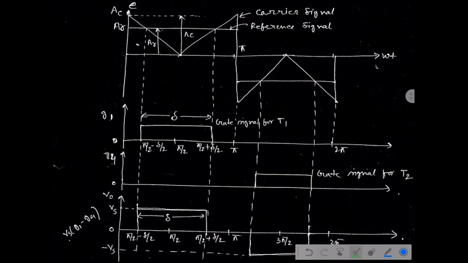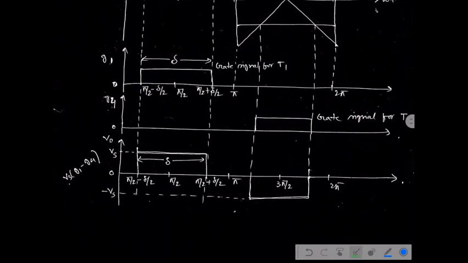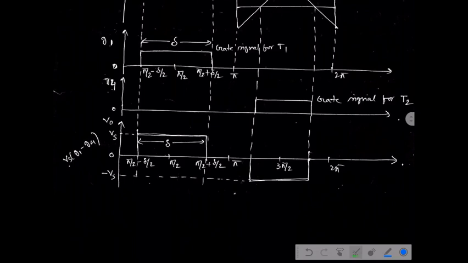So from these two waveforms, we are applying the gate pulse for the first half cycle, that is G1, and we are applying the gate pulse for the next half cycle as the inverter operation. That is why Vs into G1 minus G4 will give you the output voltage. So this is the output voltage for the positive half cycle, and this is the output voltage for the negative half cycle.